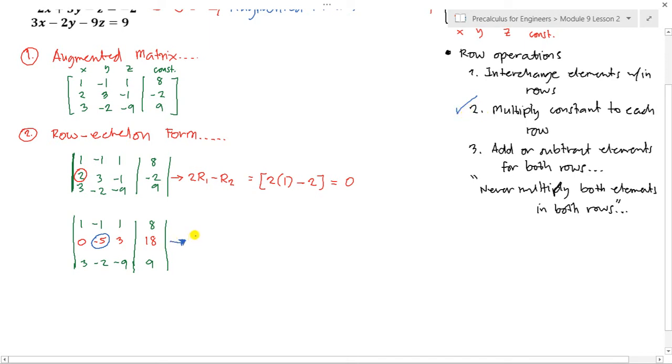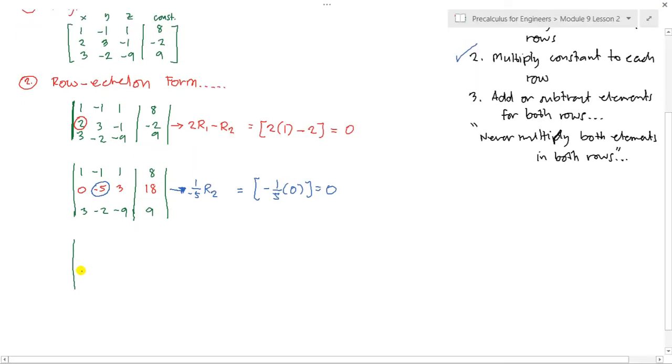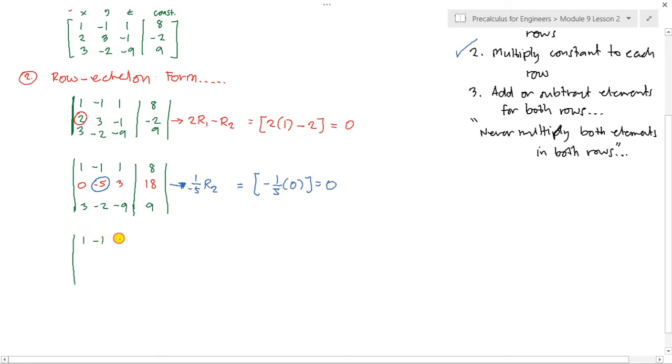That is, you multiply by the reciprocal, 1 over negative 5, all the elements in row 2, multiply by negative 1/5. So let's do that. Negative 1/5 of the first row, 0. The answer is still 0, right? So it was not affected. So our new matrix: copy 0, negative 1, 1, 8.